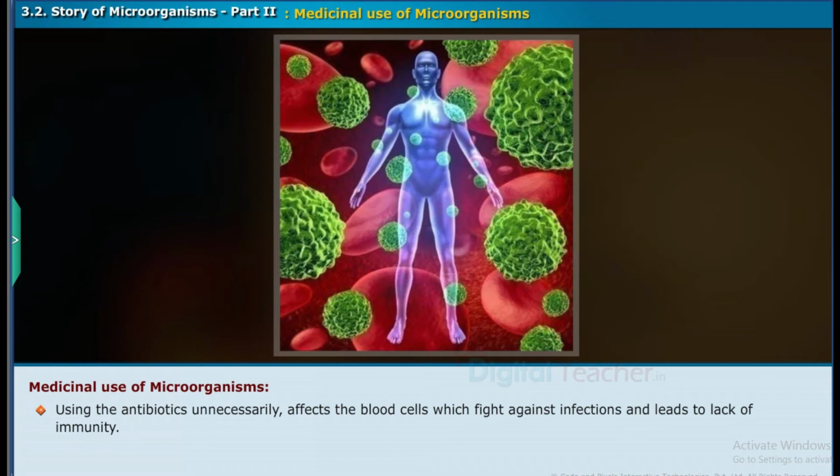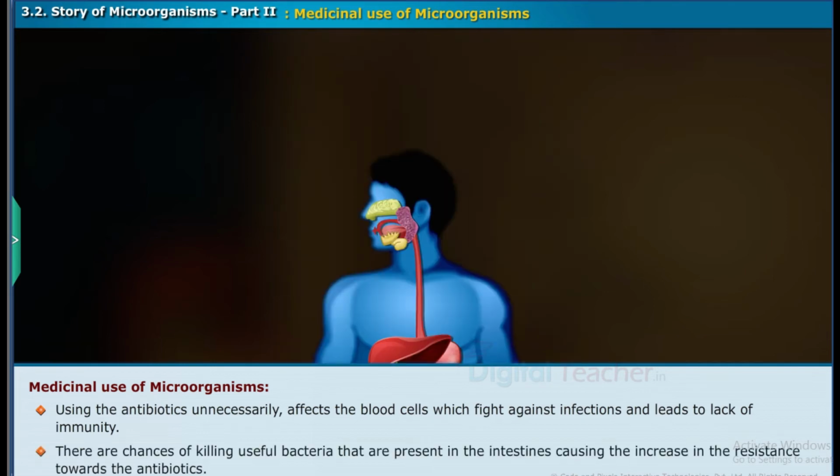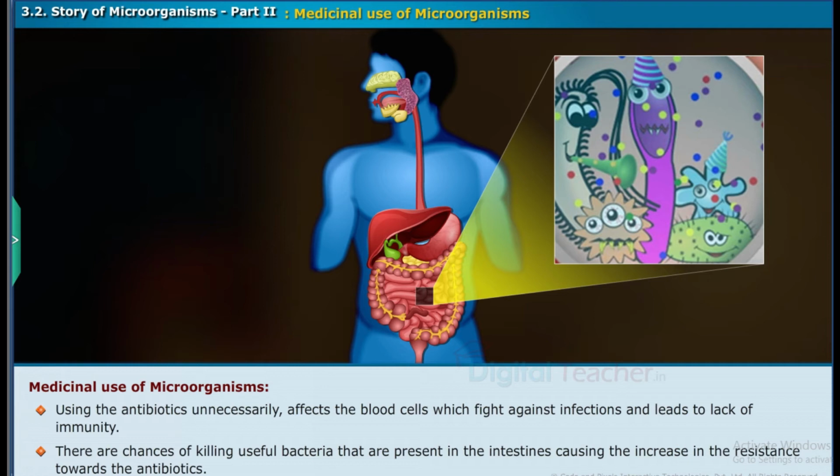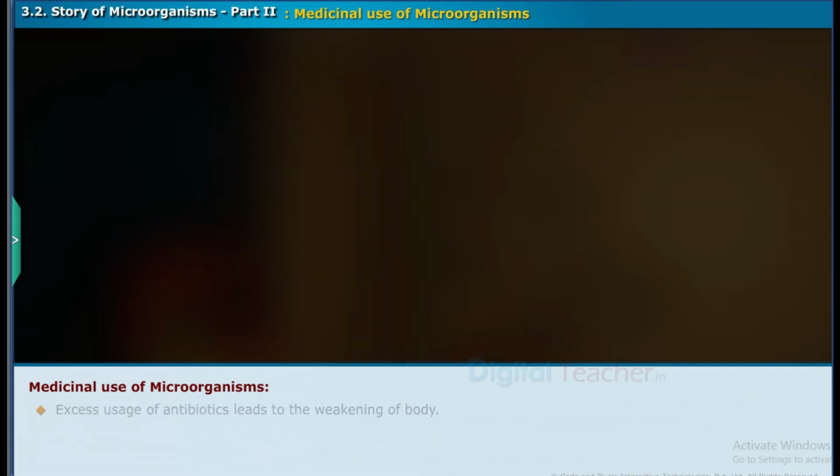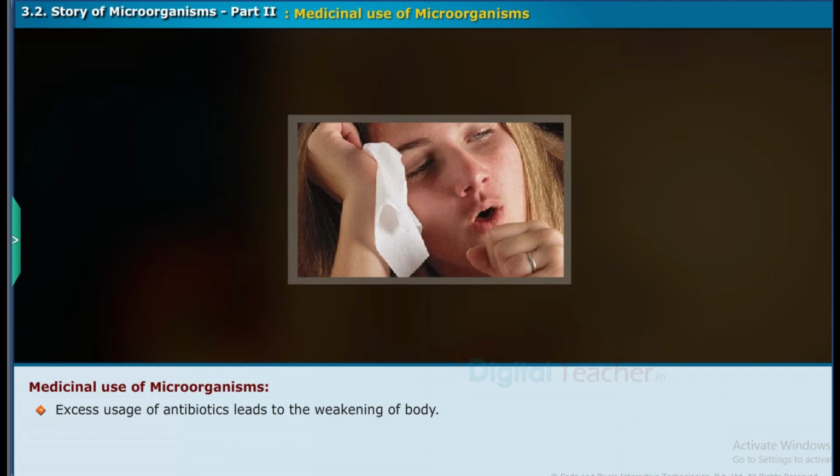Using the antibiotics unnecessarily affects the blood cells which fight against infections and leads to lack of immunity. There are chances of killing useful bacteria that are present in the intestines, causing the increase in the resistance towards the antibiotics.